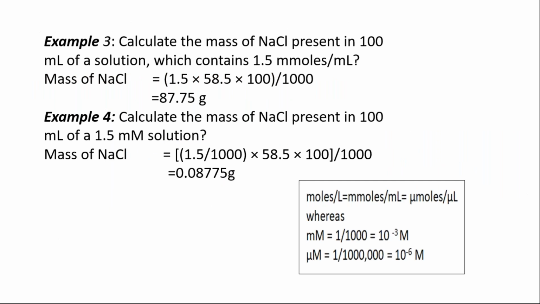So here is the other example where we need to calculate the mass of sodium chloride present in 100 ml of a solution which contains 1.5 millimoles per milliliter. So using the previous relationship, here you have the molarity, it's in millimoles. Here is the molecular weight, the volume required is 100, and you have 1000. So this is 87.75 grams if it is 1.5.